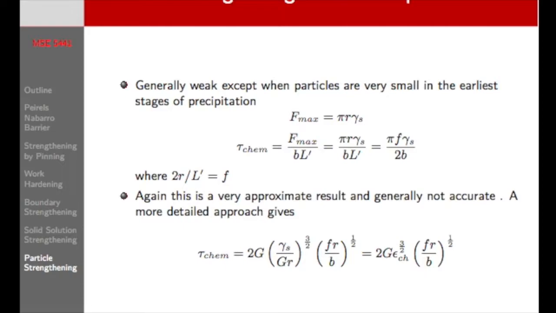So this is generally a pretty weak effect. An individual cutting event adds only a very small amount of surface energy. However, if the particles are very small, in the earliest stage of precipitation, then a step can be significant.